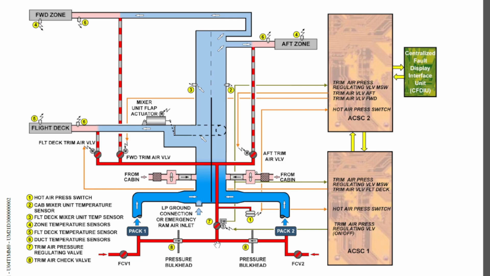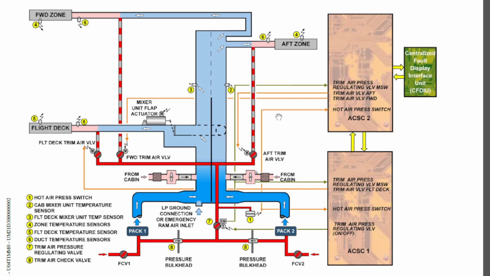When we travel further down after the trim air pressure regulation valve, you will see a switch here. This is basically a hot air pressure switch, and you can see that this also gives its signals to both the computers, air conditioning system controller 1 and 2.